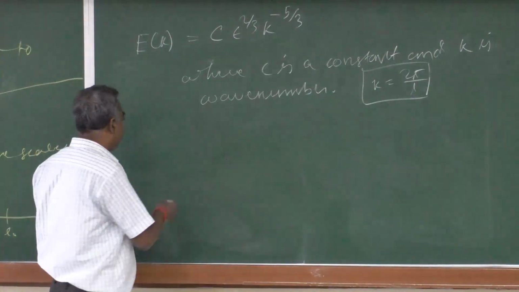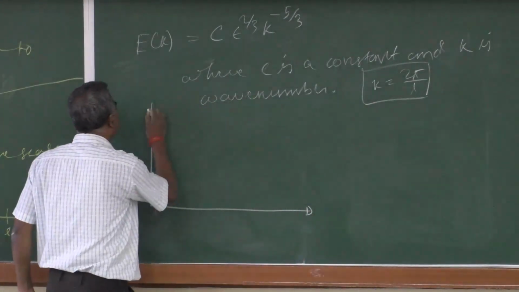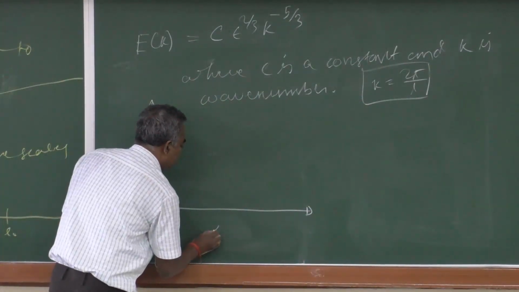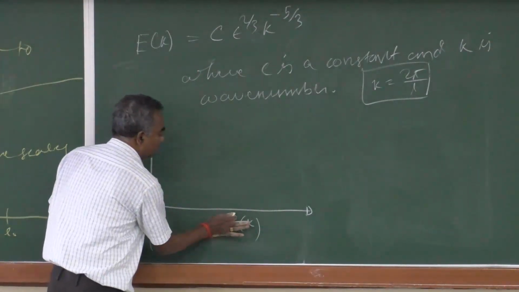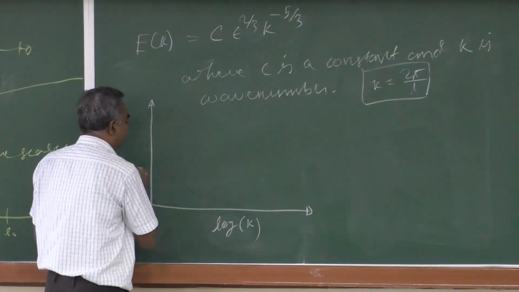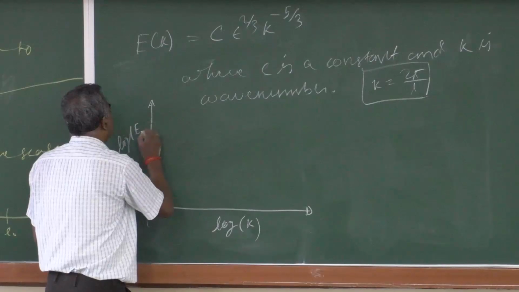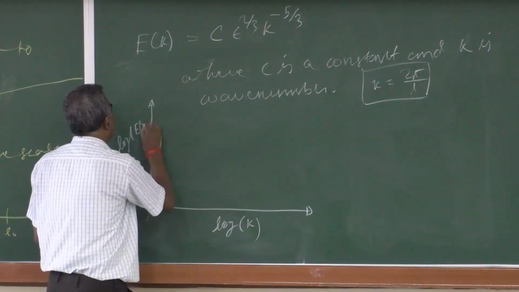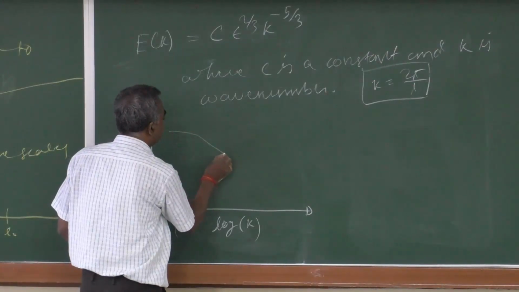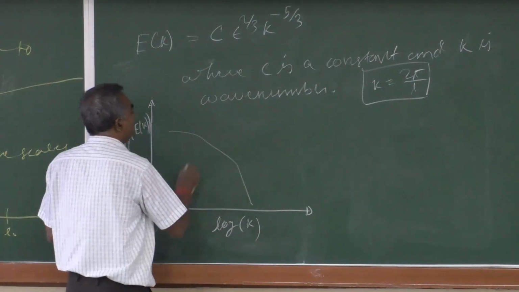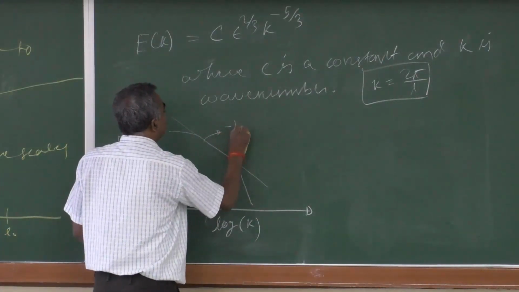So, if we plot this spectra in a turbulent flow, let us say logarithmic of k, or in log scale if you put, and this is your log of E of k. Okay. Then it usually comes like this.